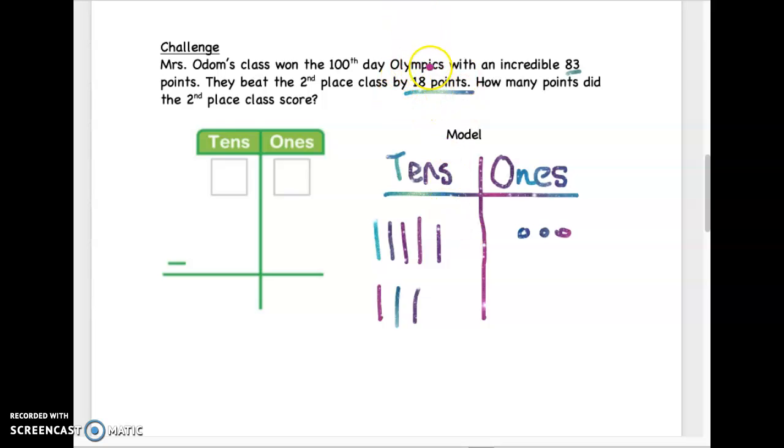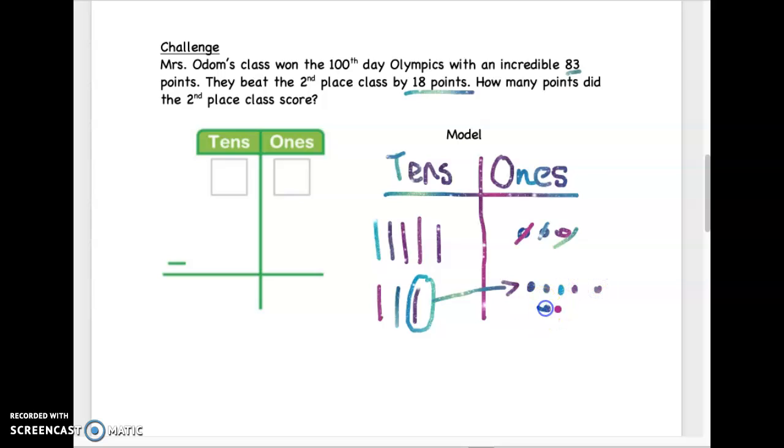Now I'm going to have to take away 18 from all of these place value blocks. I know that I have to take away 8 from the ones, so I can start doing that. I have 1, 2, and 3, but I can't complete that. So I'm going to take one of my 10s from here, and I'm going to move it over to my ones. I'm going to break it apart into 10 ones.